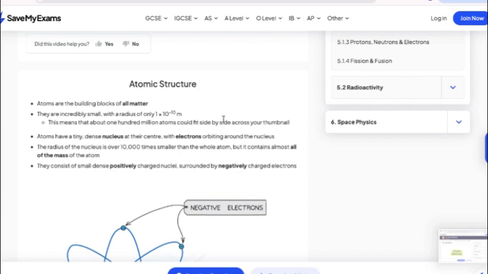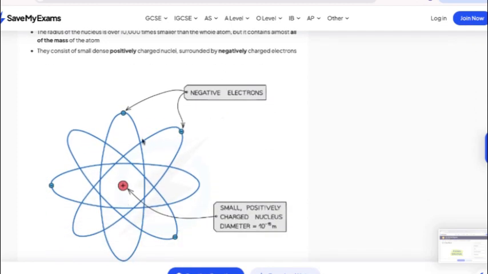Atoms have a tiny, dense nucleus at the center, right? That nucleus has the protons and the neutrons inside it. So at the center of an atom, this is how atoms look in reality, not like the circular case we showed before.